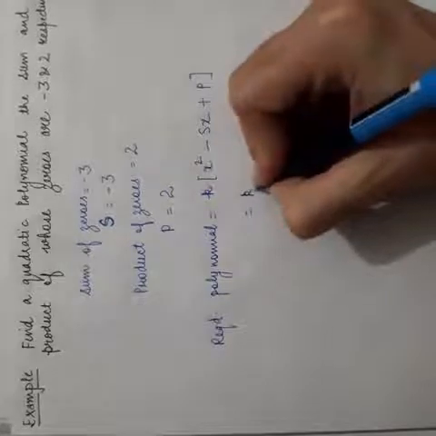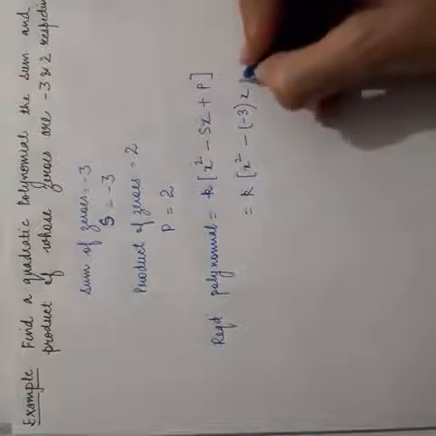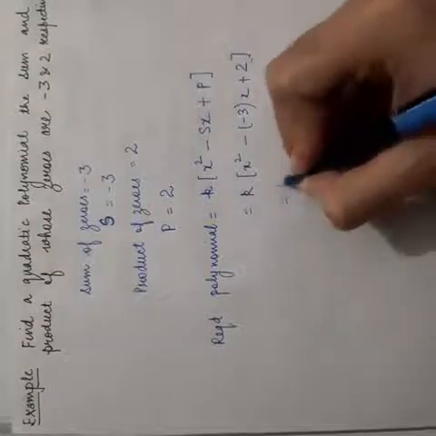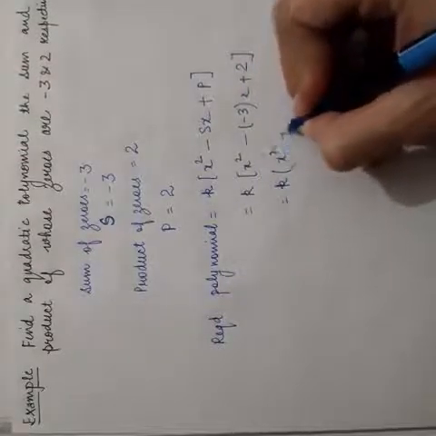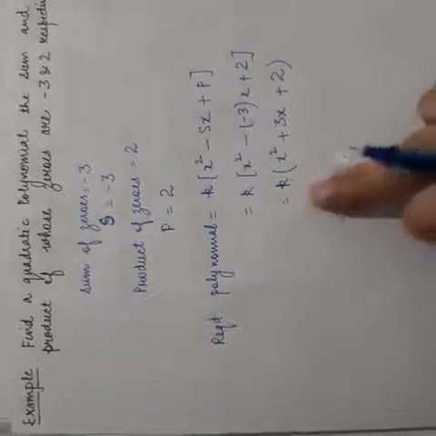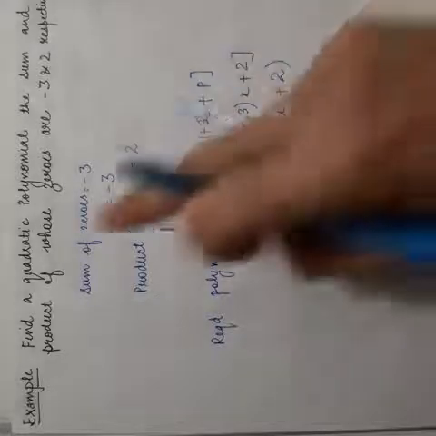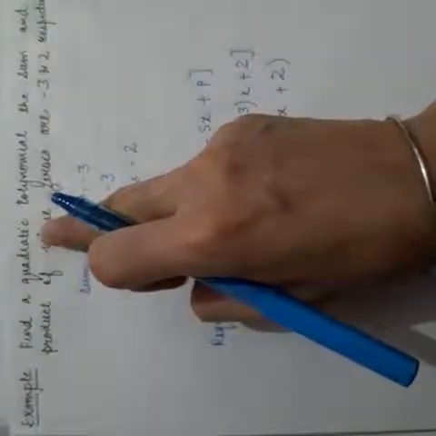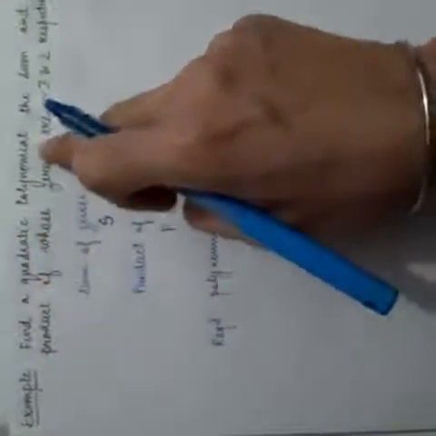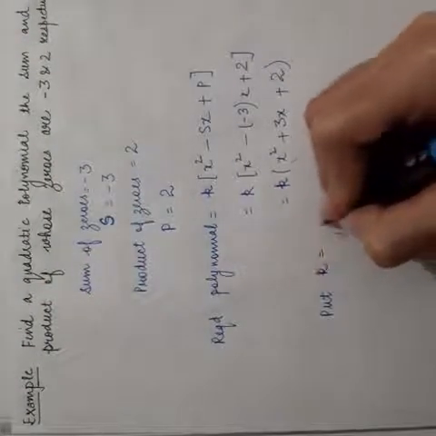Now just simply put the values of s and p over here. You get k in brackets x square plus 3x plus 2. Now this means infinite polynomials are obtained. But you need a polynomial. Just see, the question says a quadratic polynomial. So what we will do here is put k equal to 1.